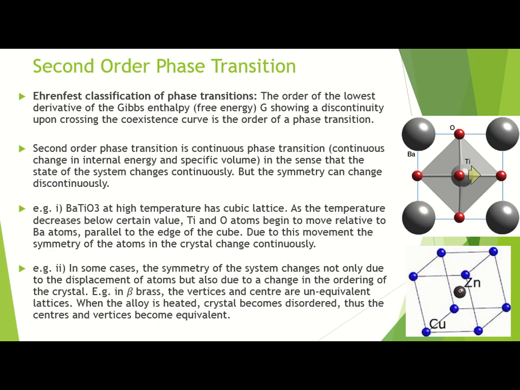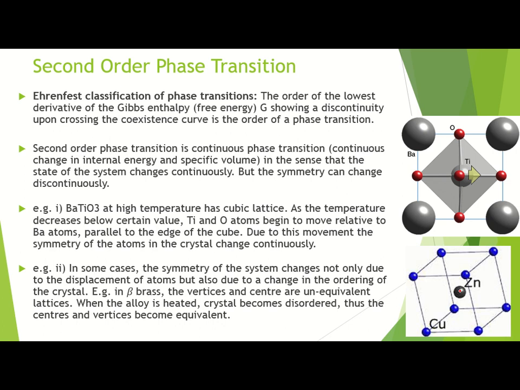Because when we heat, the atoms get energy, they vibrate, they try to move away from their equilibrium positions, and in doing that there is a possibility that copper can occupy zinc's position, that is the center of the unit cell, and zinc can also occupy the vertices positions.